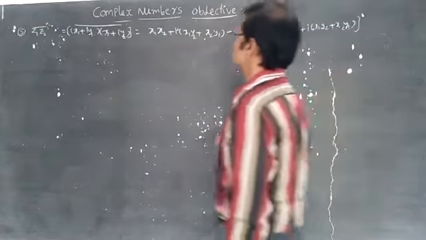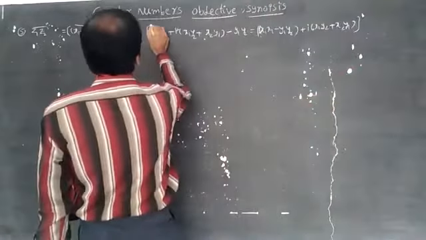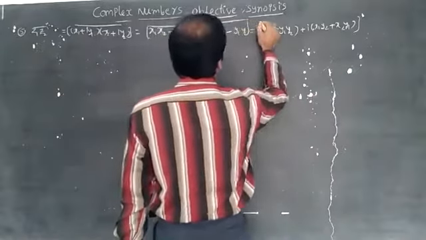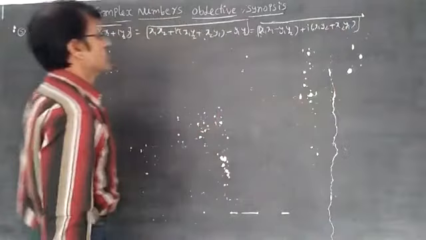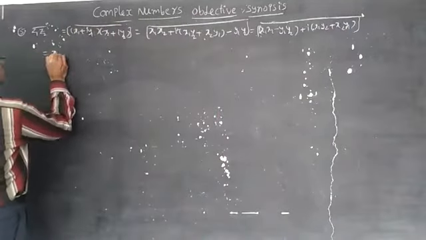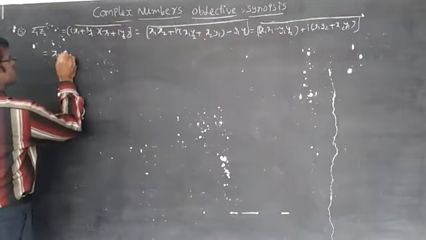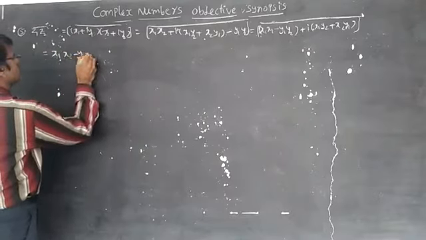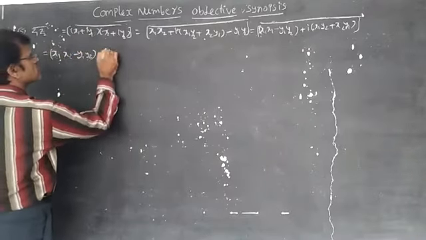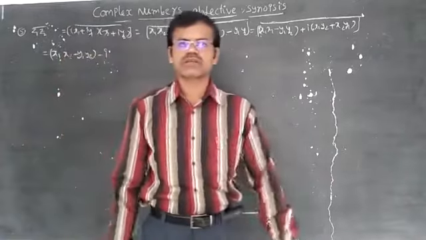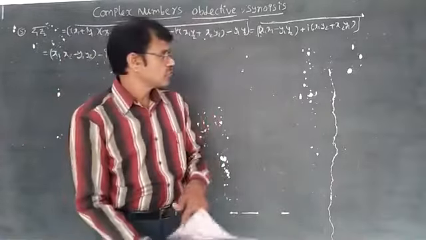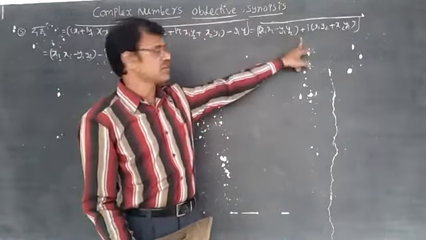Now we need to consider the whole bar. So it becomes (x1 x2 minus y1 y2) within the bracket, minus you put here. For a complex number a plus ib, a minus ib is the conjugate complex number. So you don't need to worry about all these terms.